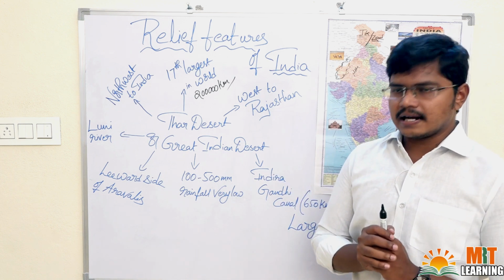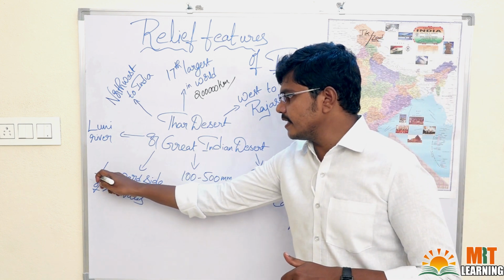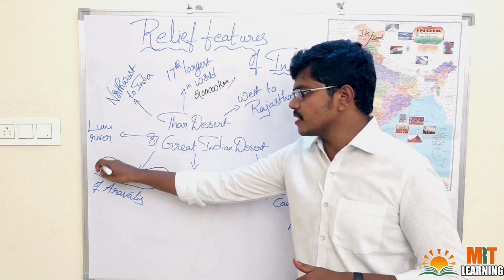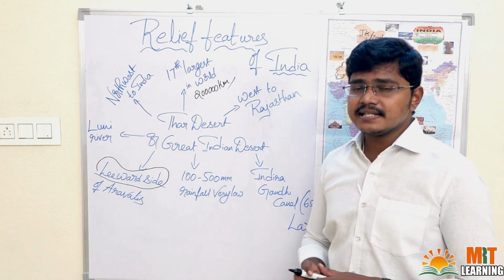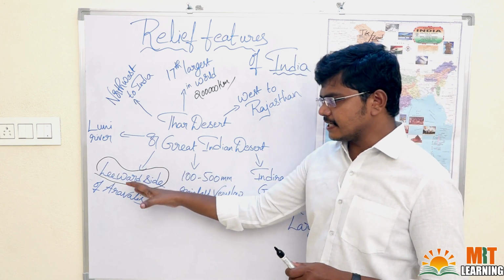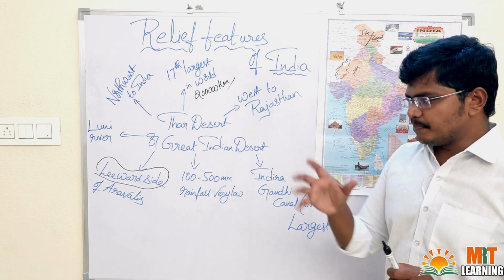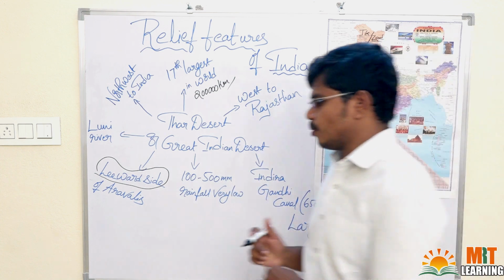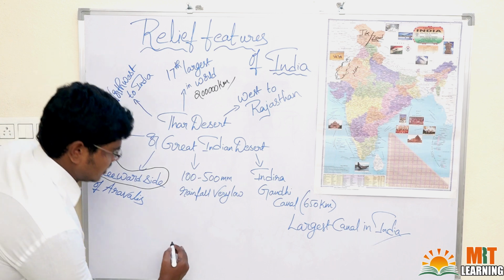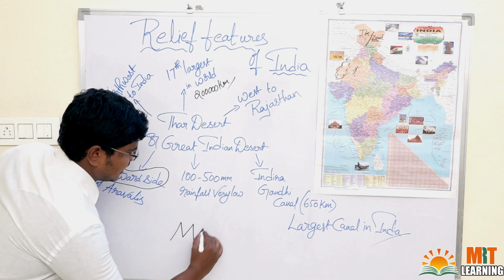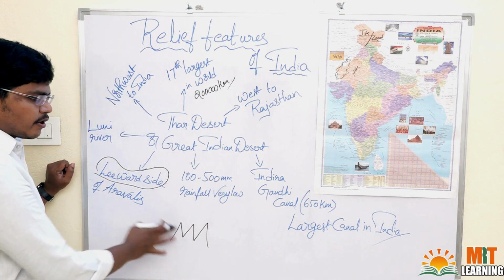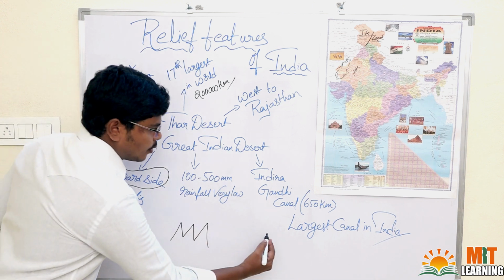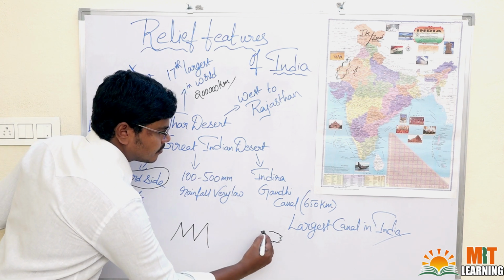Leeward side of the Aravallis. What is the meaning of leeward side? Why are we considering this point as important? Because see, these are the mountains. For example, see, these are the mountains. So clouds are traveling.